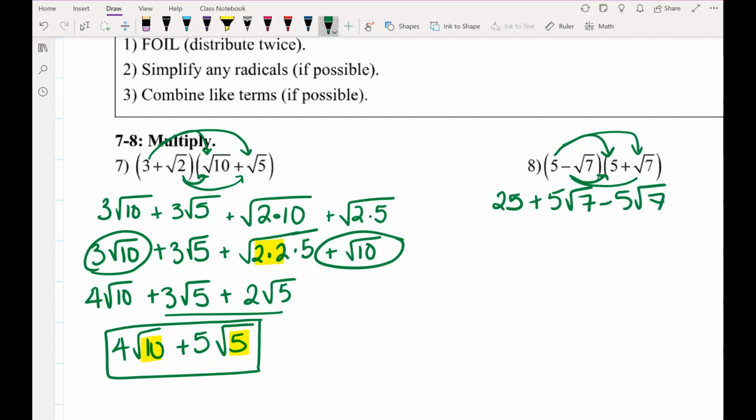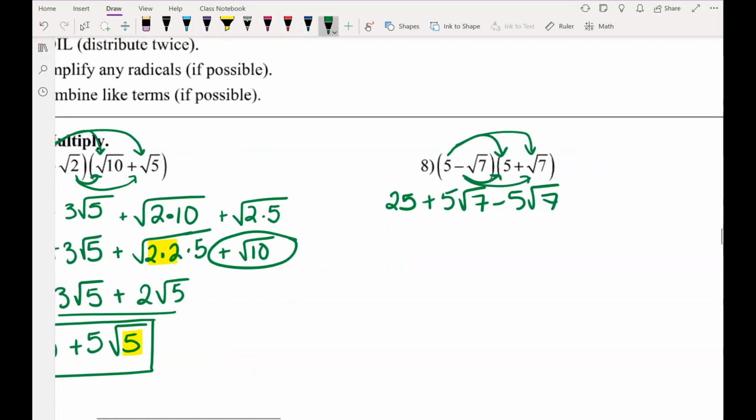Negative rad 7 times a positive rad 7, students, is negative rad 7 times 7 under that. Wow, these two are exactly the same. So we're going to cancel those. So currently we have 25. Well, we have rad 7 times another 7 and both of them under the rad. That means you can take that out, right? So now that's going to be 18.